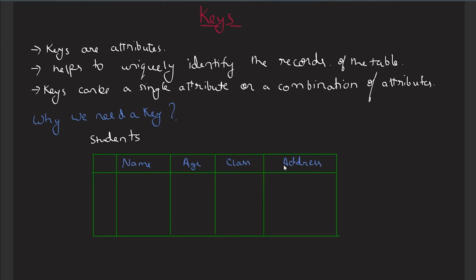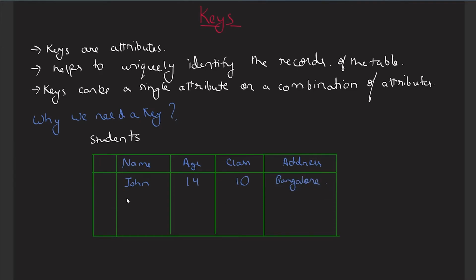This is a table stored in the database. The name of the student is, for example, John. His age is 14, class is 10th, and address, suppose, Bangalore.